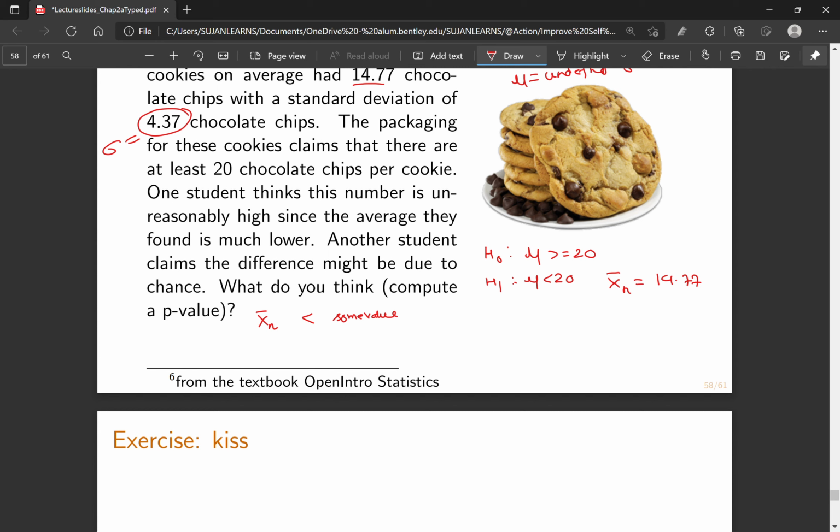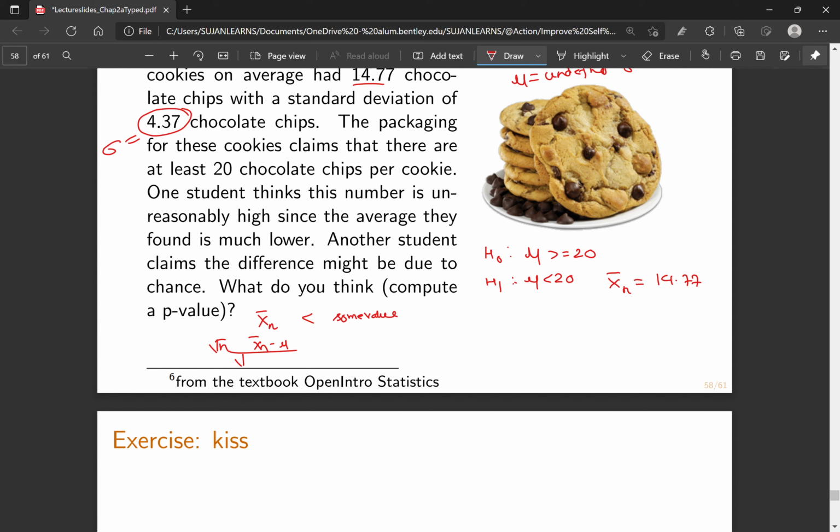We need to normalize this variable x n bar by subtracting mu and dividing by some value.